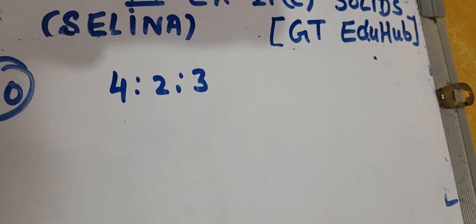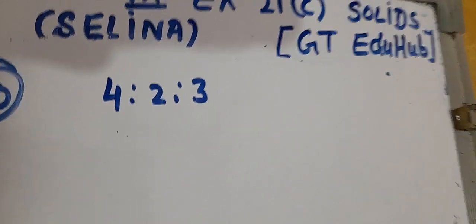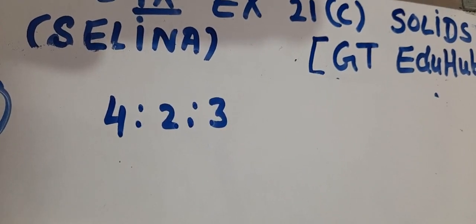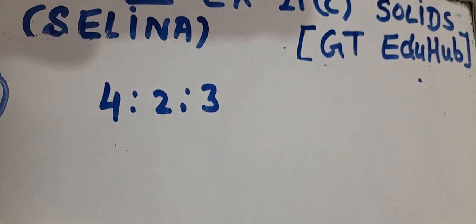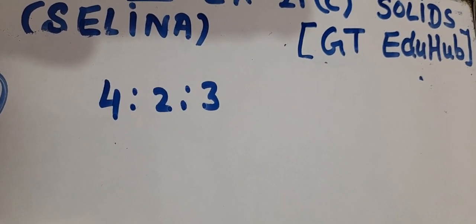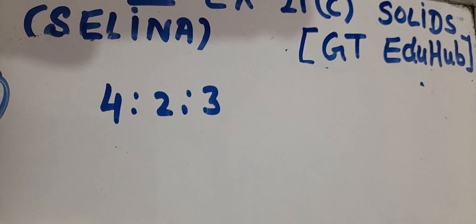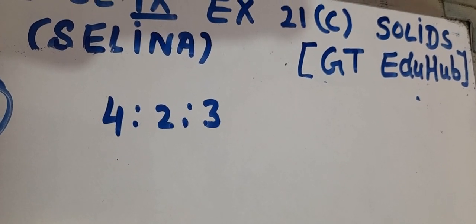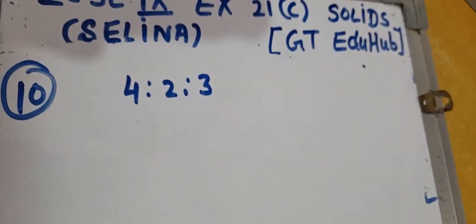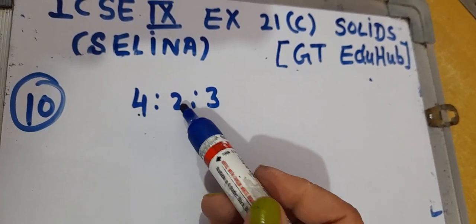The difference between cost of covering it with paper at 12 per meter square and with paper at rate of 13.50 per meter square is rupees 1248. Find the dimensions of the box. Means we have to find length, breadth and height.